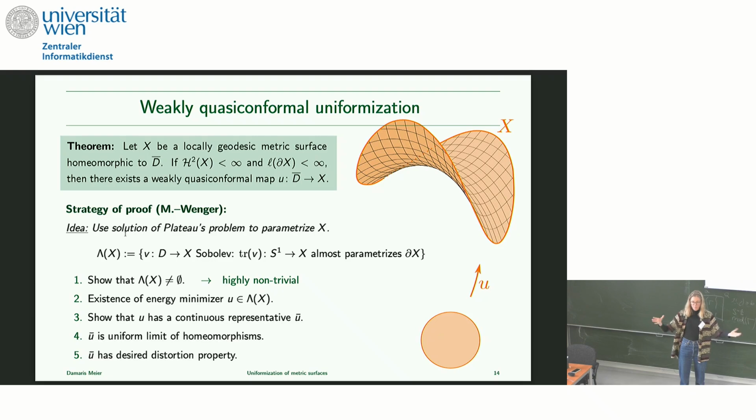Or if it would collapse a lot of things, you would also need a lot of energy. So because it's energy minimizing, it has to send balls to something that looks like a ball, more or less. That's the way I try to think about these mappings.